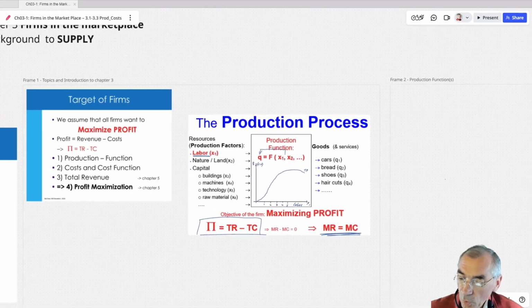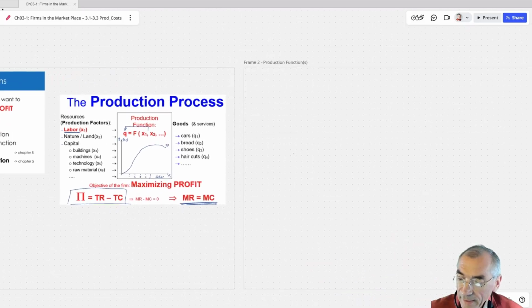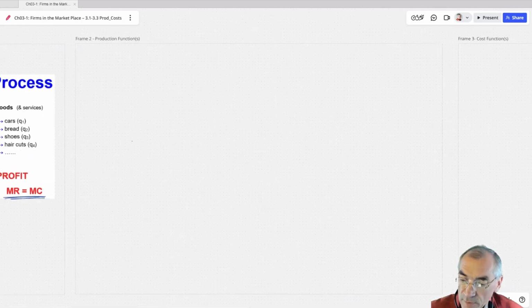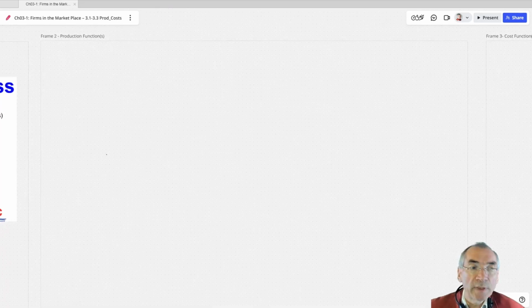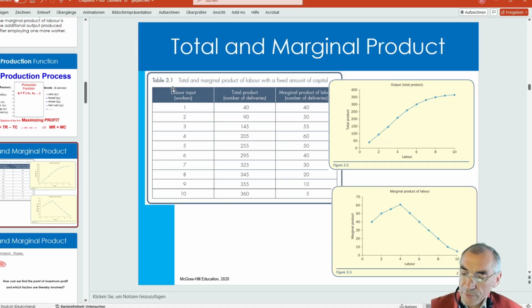Let us go ahead and look at this production process, or production function, using an example. Our book gives us table 3.1 and figures 3.2 and 3.3 that show basically the graph that we have been looking at.